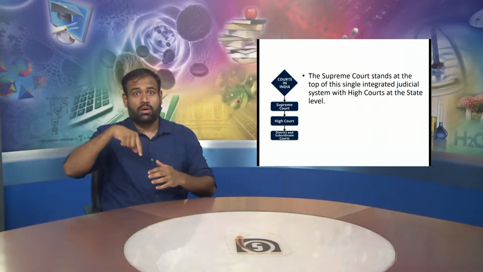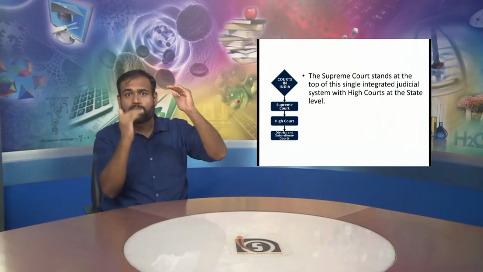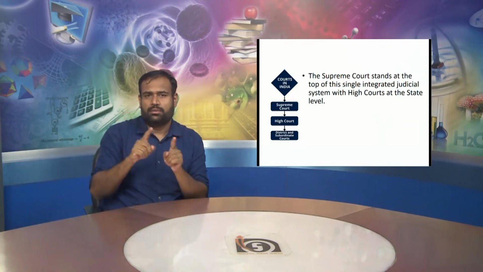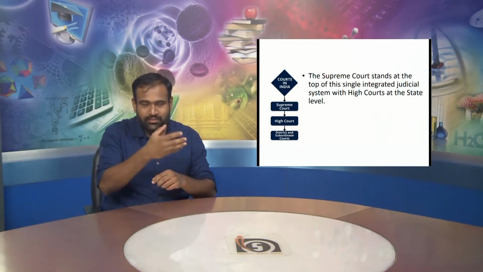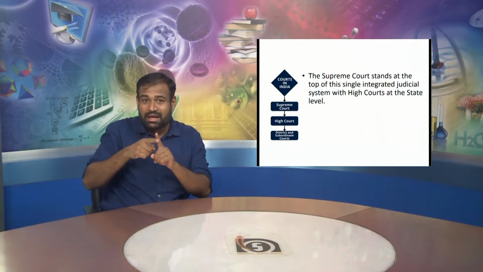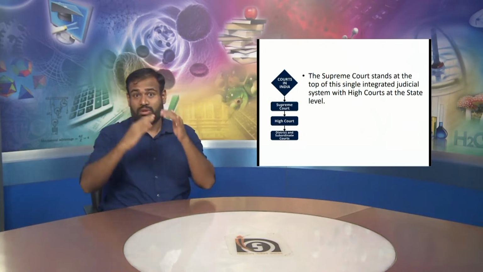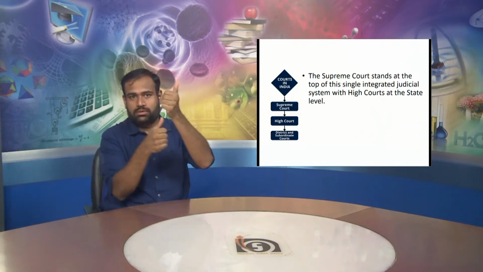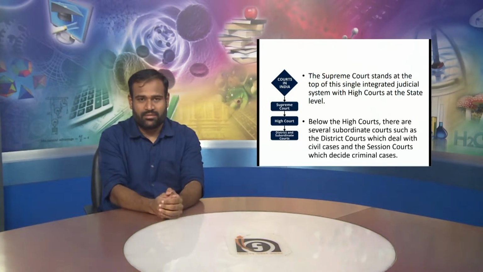The Supreme Court stands at the top of this single integrated judicial system with high courts at the state level. There is only one Supreme Court, and in all states we have high courts.